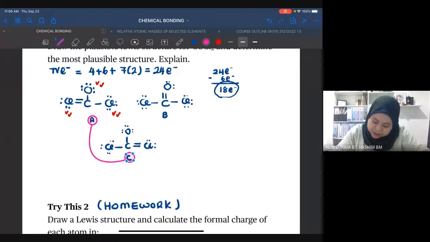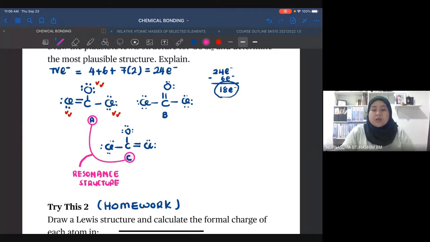Dan apa yang membezakan A dengan C ni, inilah nanti yang kita akan belajar, resonance structure. Okay, so resonance structure basically the same structure but different in the position of the double bond.